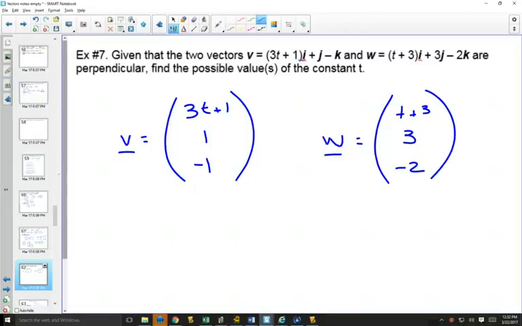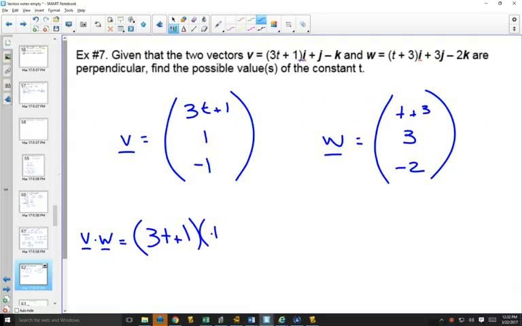Now, we don't really have a thing for slope, per se, in the same way that we had previously. But what do we know about two vectors that are perpendicular? Their dot product is equal to 0. So I'm going to write here v dot w.